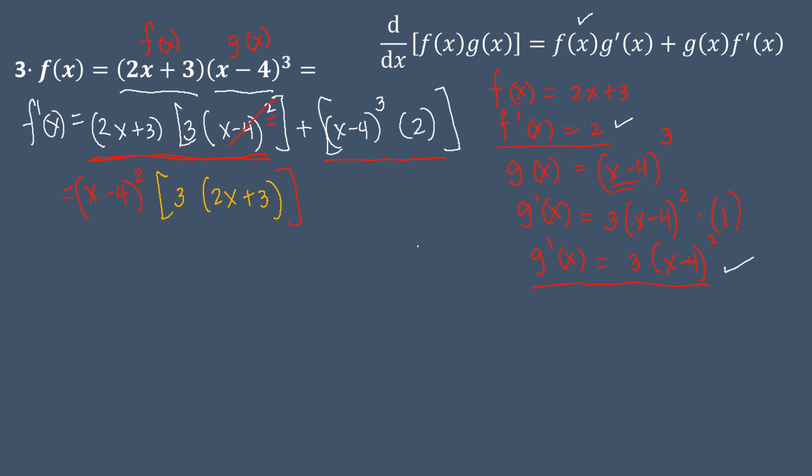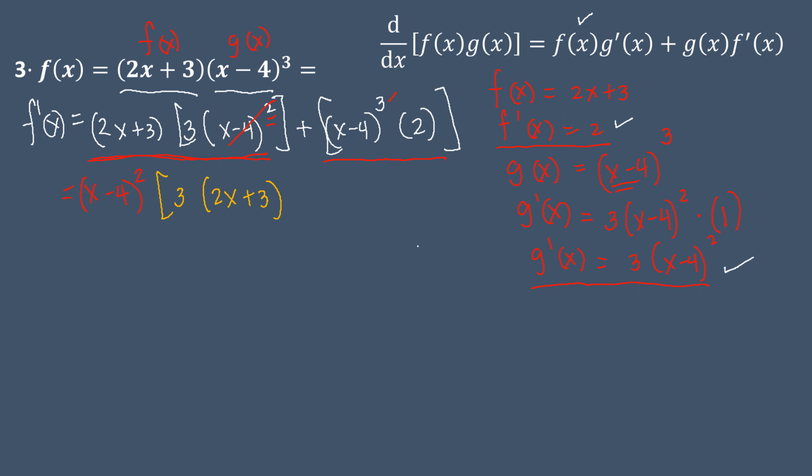We are going to have the next, which is x minus 4 to the power of 3 times 2 divided by x minus 4 to the power of 2. Remember there is a 3 in here, and according to the law of exponents, we subtract their exponents when dividing common bases.